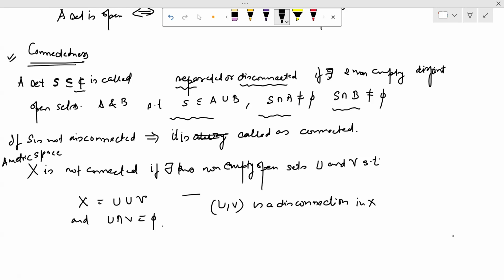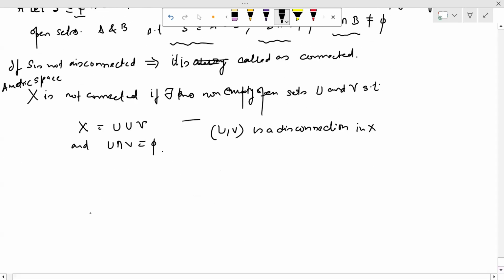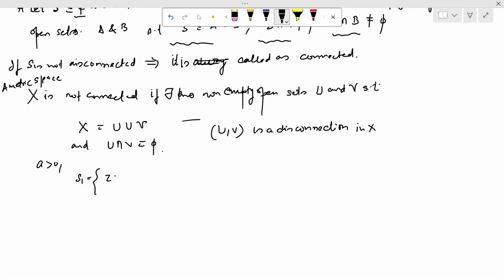And I'm leaving you with 3 examples, and then we'll see which of them is connected and not connected. So if a is greater than 0, the set S1 is given by all z such that modulus of z minus a is less than or equal to a, or modulus of z plus a is greater than or equal to a, not greater than, less than or equal to a.